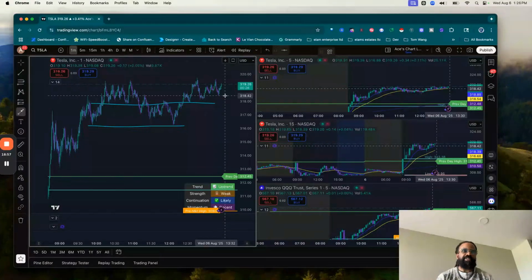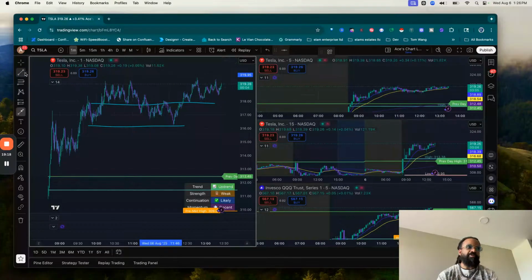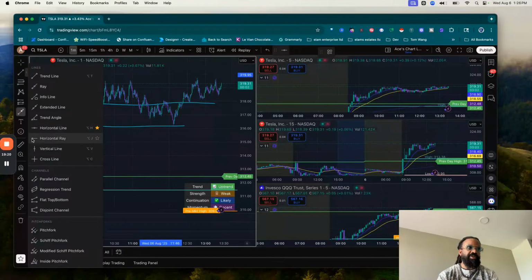30 seconds and counting. Sellers are trying to push back. I want to see a nice push above this point of resistance. All right, while we're waiting for that, let's go ahead and mark this out.